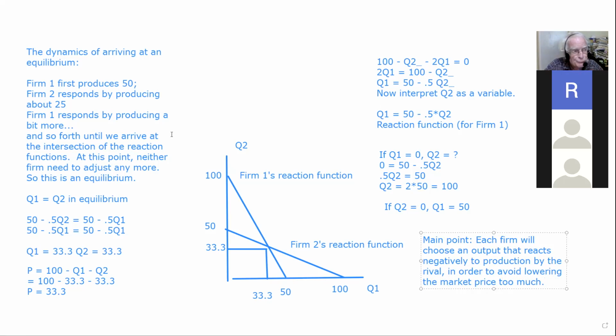Each firm reacts by lowering its production by a fraction of the increase by the rival. For a duopoly.